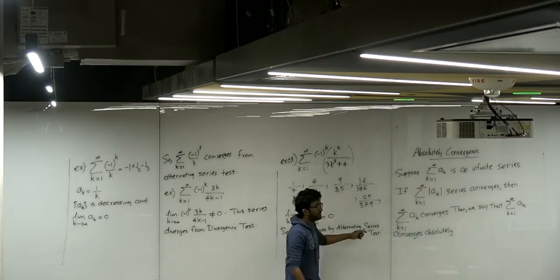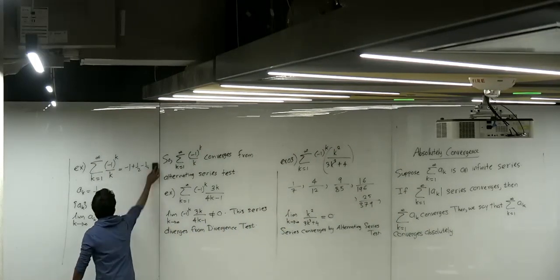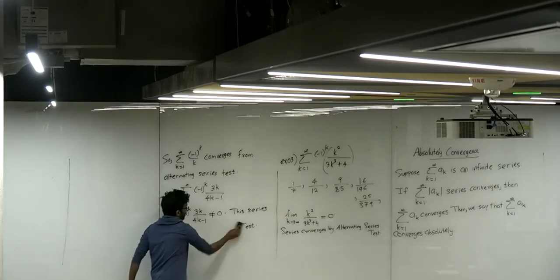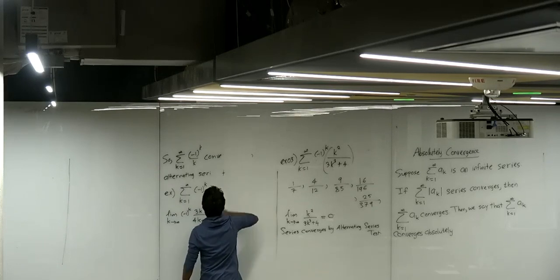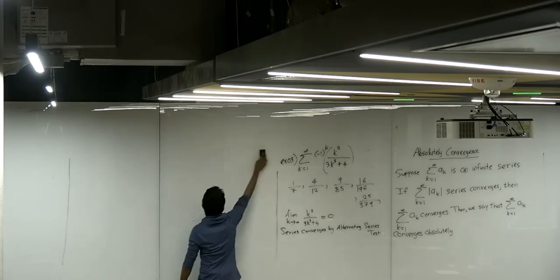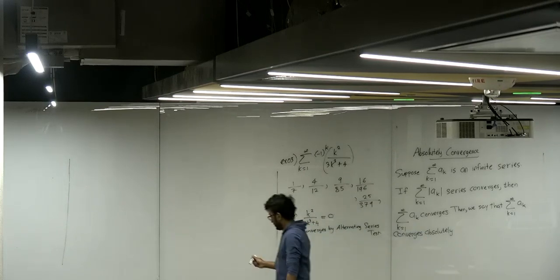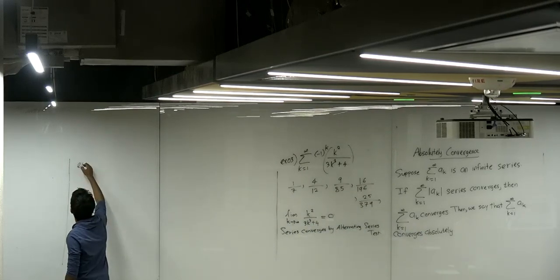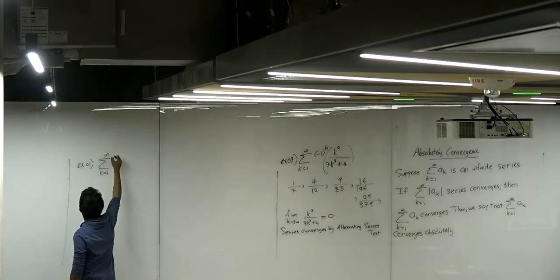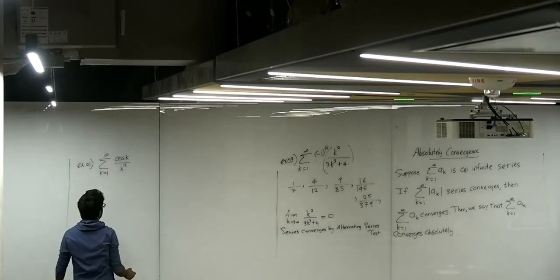Any questions about this definition? Let's discuss some examples. My first example: summation k goes from 1 to infinity, cosine k divided by k to the power 2.